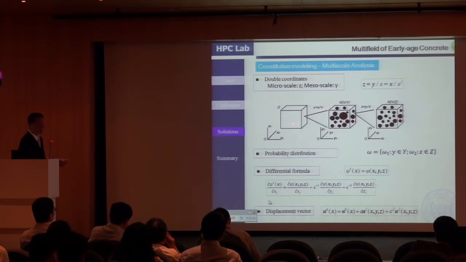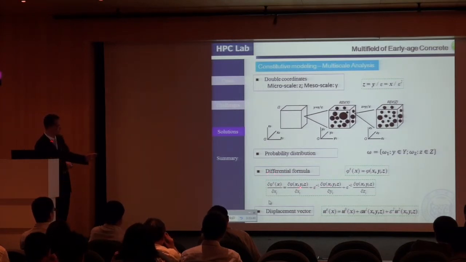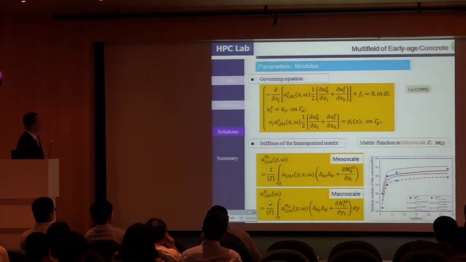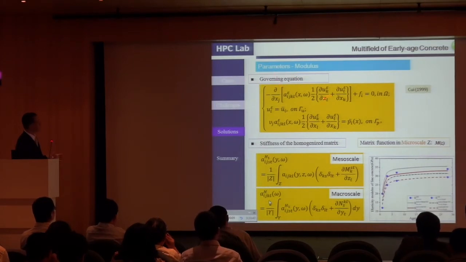Finally, we want to get the macro scale with the same formula, and the difference is that the differential formula should be expanded to two coordinates. In these cases, we can get the given equation for elastic modulus, like this one.